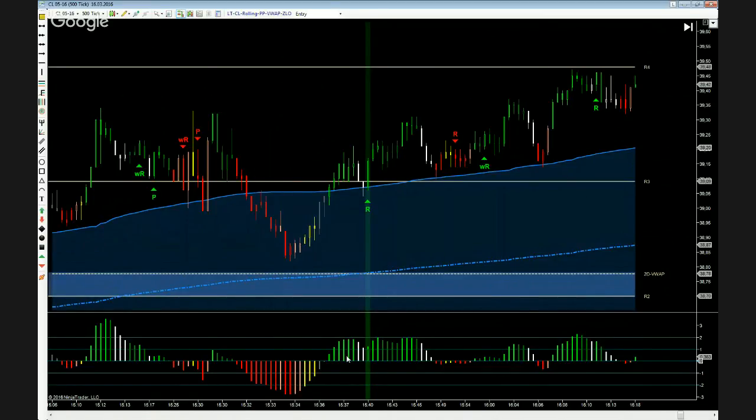So you see the oscillator here has moved above the zero line, and that is telling us that there is an intermediate uptrend. And so in this case, we have the major trend and the intermediate trend aligned with one another. And so in that case, we're looking for long setups.